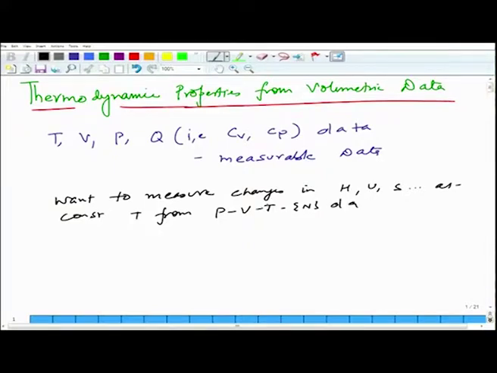So these are the data which we may have, and our interest is to find out the changes in these properties.